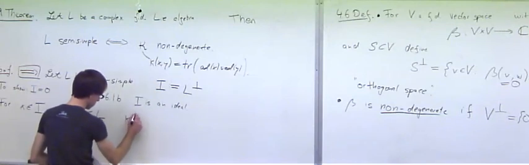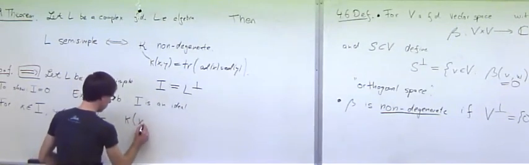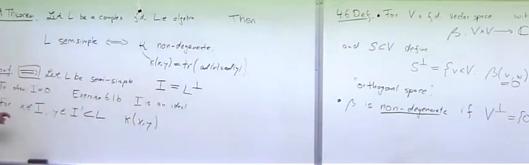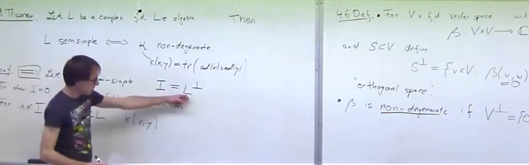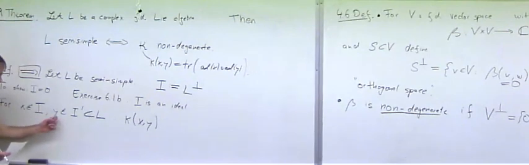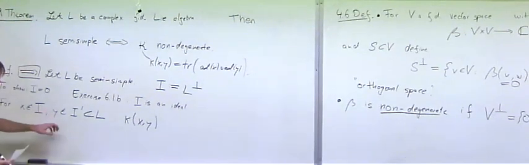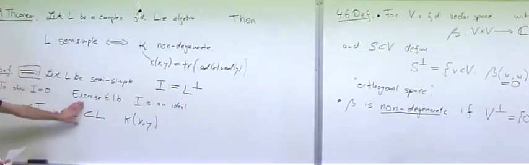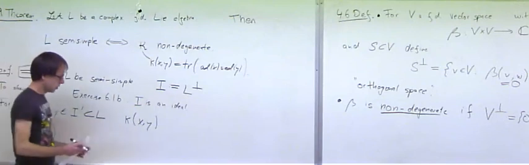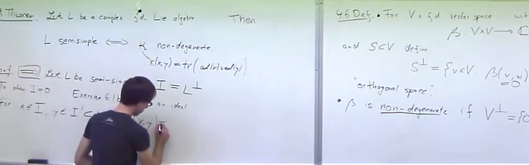So what's the Killing form of X, Y? So X was in I, and elements of I by definition are orthogonal to any other element of the Lie algebra. So even if I don't take into account that Y is an element of the derived subalgebra of I, just by Y being an element of the Lie algebra, I know that the Killing form vanishes.